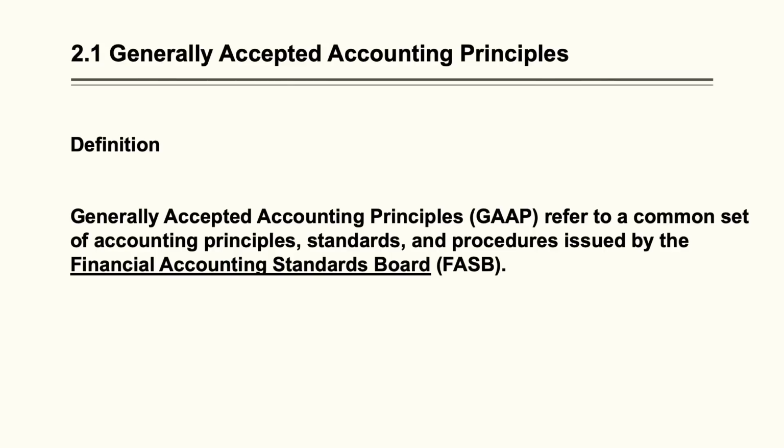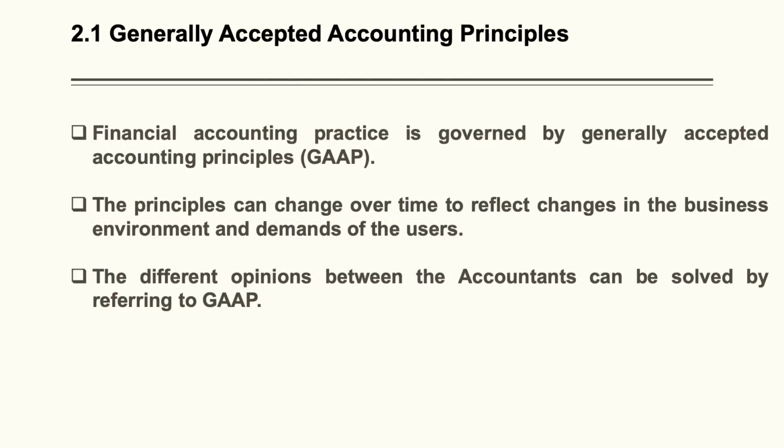Generally accepted accounting principles refer to a common set of accounting principles, standards and procedures issued by the Financial Accounting Standards Board, or FASB. When we are doing accounting, all financial accounting practice is governed by these principles, and they can change over time to reflect changes in the business environment and demand of the user.